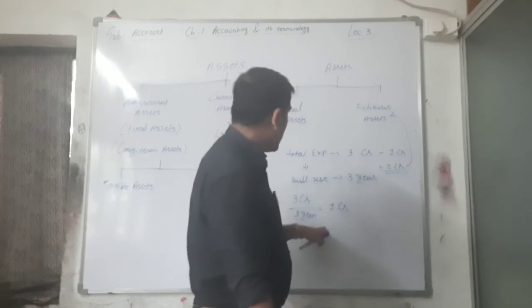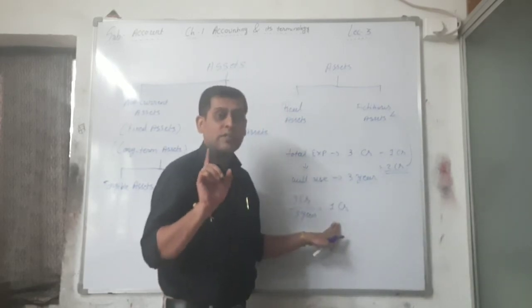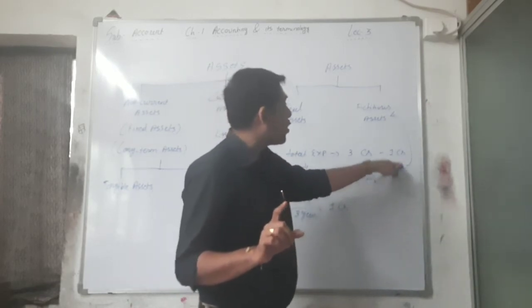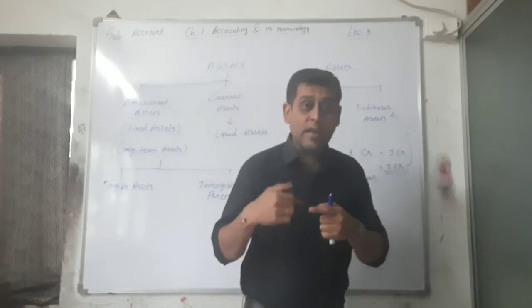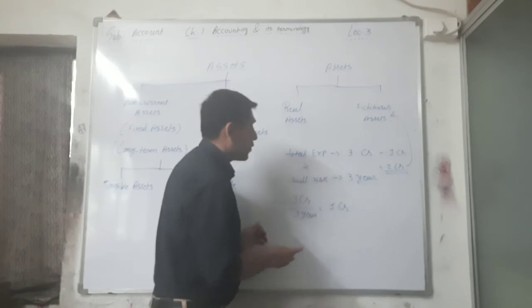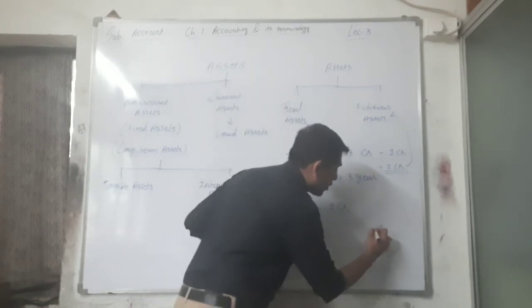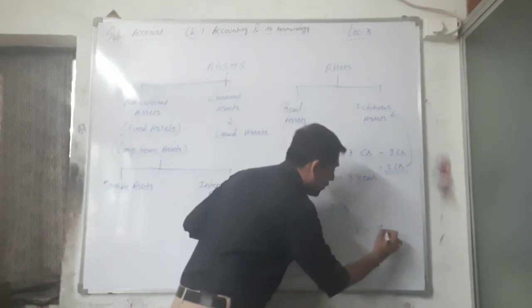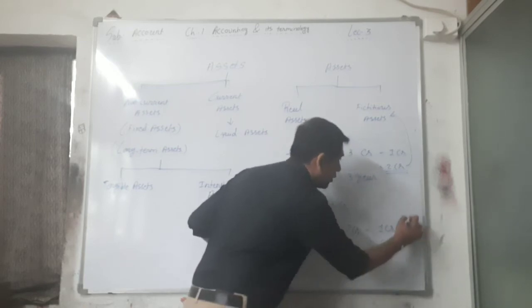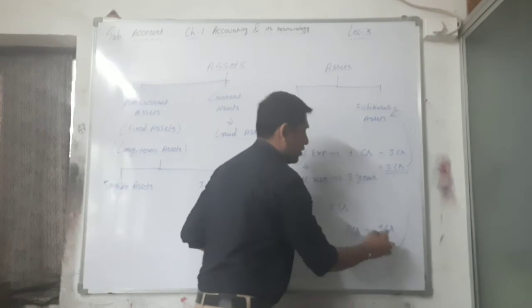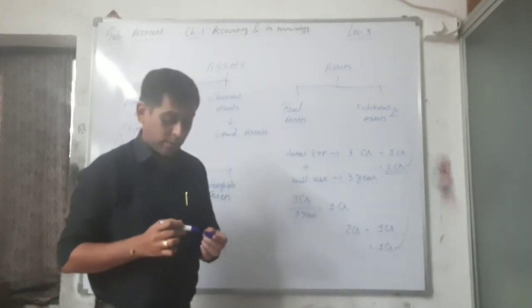See, in the current year only 1 crore is written off. The remaining 2 crores will be your fictitious assets. In the next year we again use 1 crore, so from 2 crore we use 1 crore, and 1 crore is my fictitious asset in the next year.